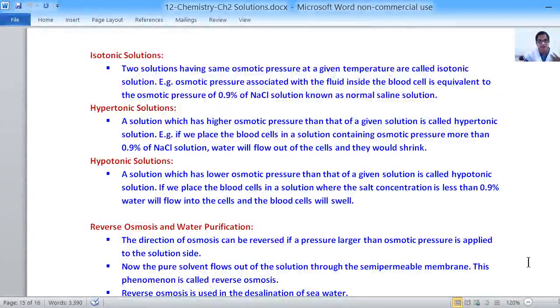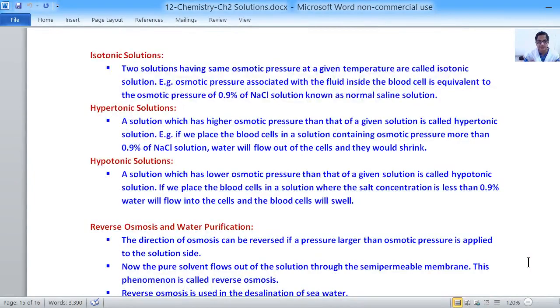Okay, now hypotonic solution. Hypo means less. A solution having lower osmotic pressure than that of a given solution is called a hypotonic solution. Now if we place the blood cells in a solution where the salt concentration is less than 0.9%, then water will flow into the cells and the blood cells will swell.